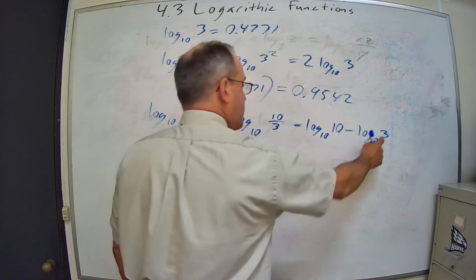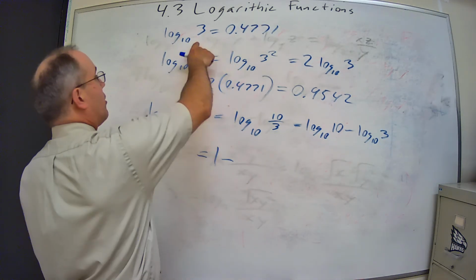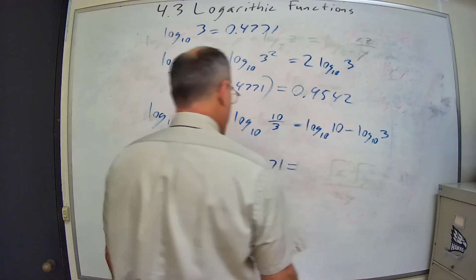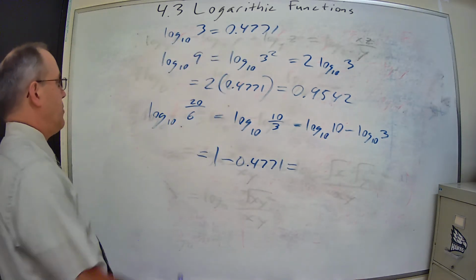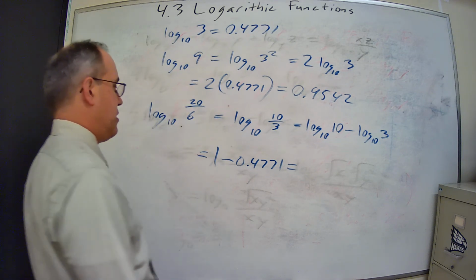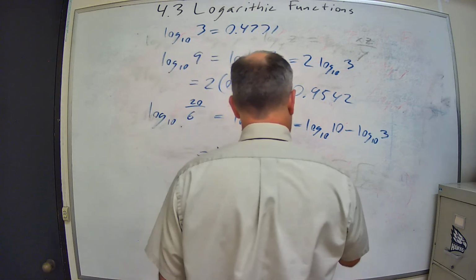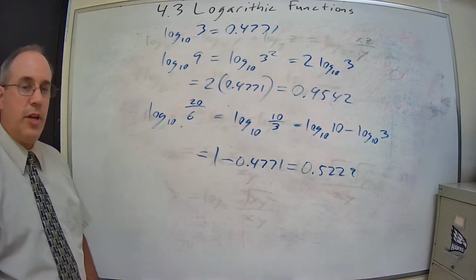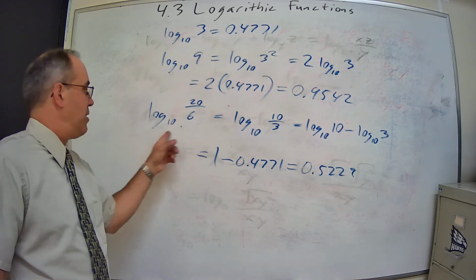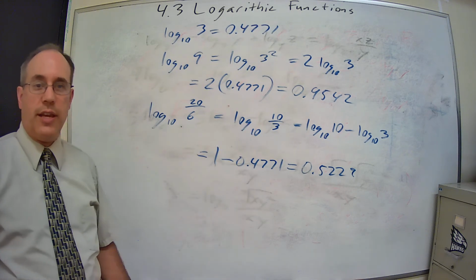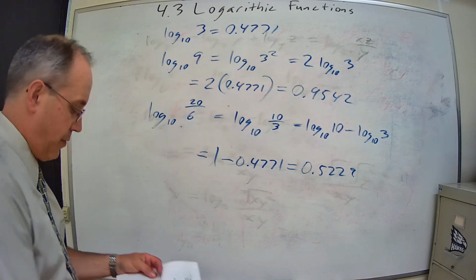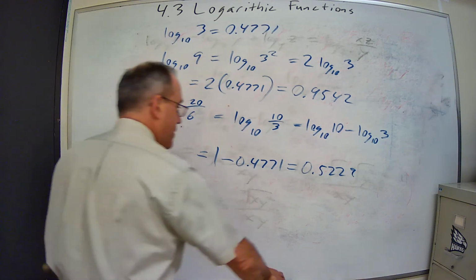And then log base 10 of 3, we know is 0.4771. So therefore log base 10 of 20 over 6 is equal to 0.5229. Again, because we knew this, we're able to calculate it. Okay?